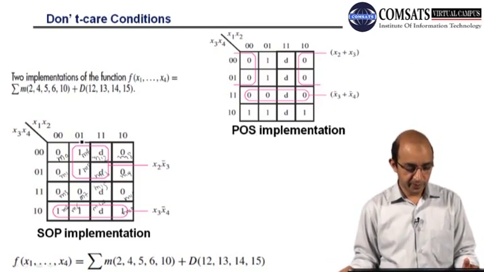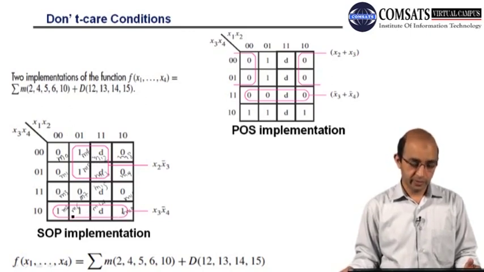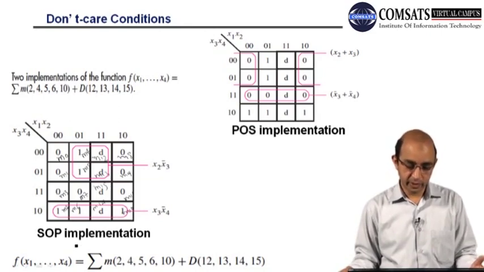So you can see that this is the simplification. We have used those don't cares, and we can have a grouping at the bottom. So this will be x2, x3, and this is the sum of product terms. If we want to complement this, we take the remaining zeros.